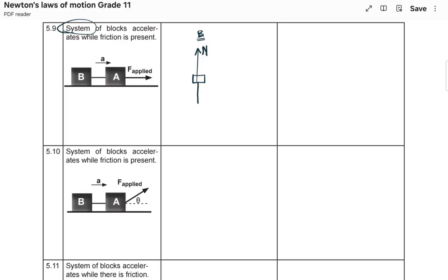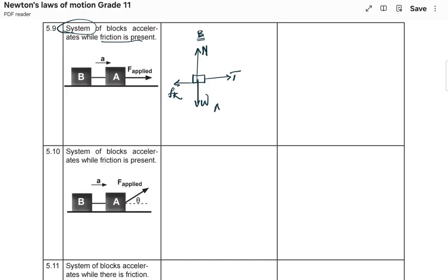Then I'll be having the weight. Then now there will be the tension. Now friction present. So that will be kinetic frictional force.